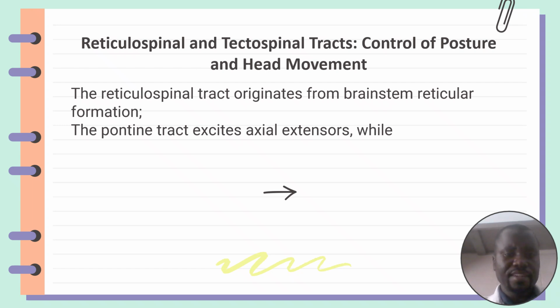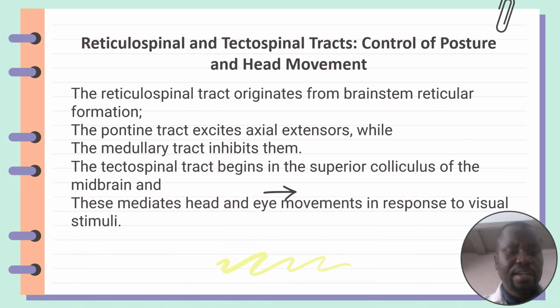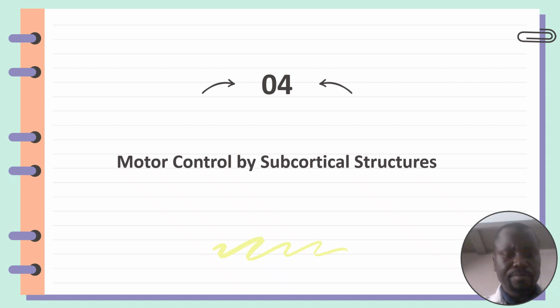The pontine tracts excite axial extensors, while those that are within the medulla inhibit them. The tectospinal tracts begin in the superior colliculus of the midbrain, and they mediate head and eye movement in response to visual stimulus.